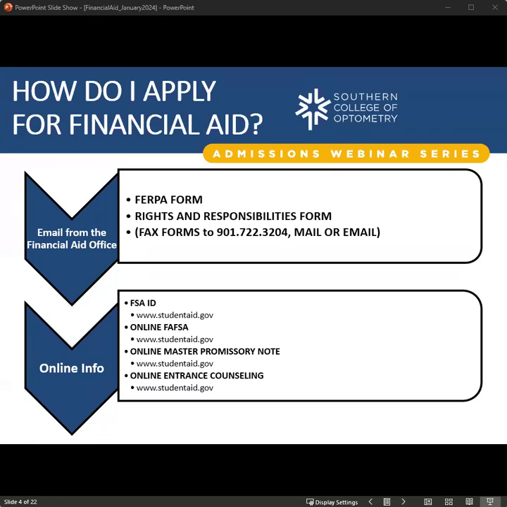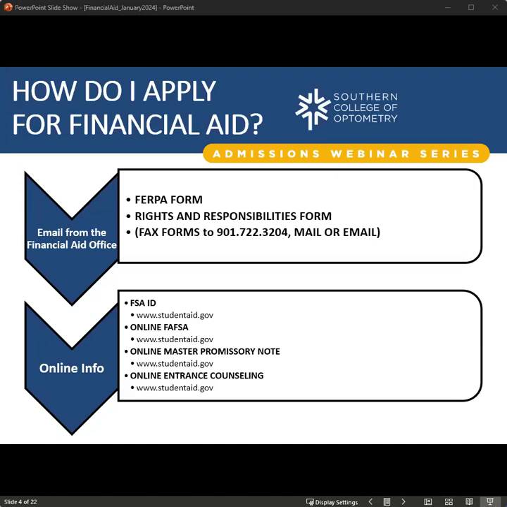And then also, we have a form called the Rights and Responsibilities form. If you're taking out student loans, you will need to complete those forms. The forms are not on mail or email, although we can send them to you that way if you desire, but they're on your Net Partner account.